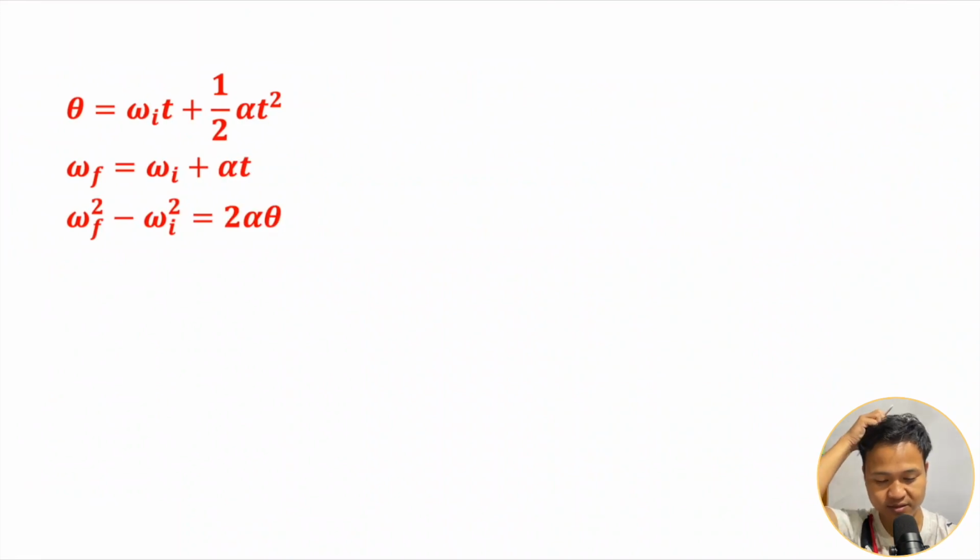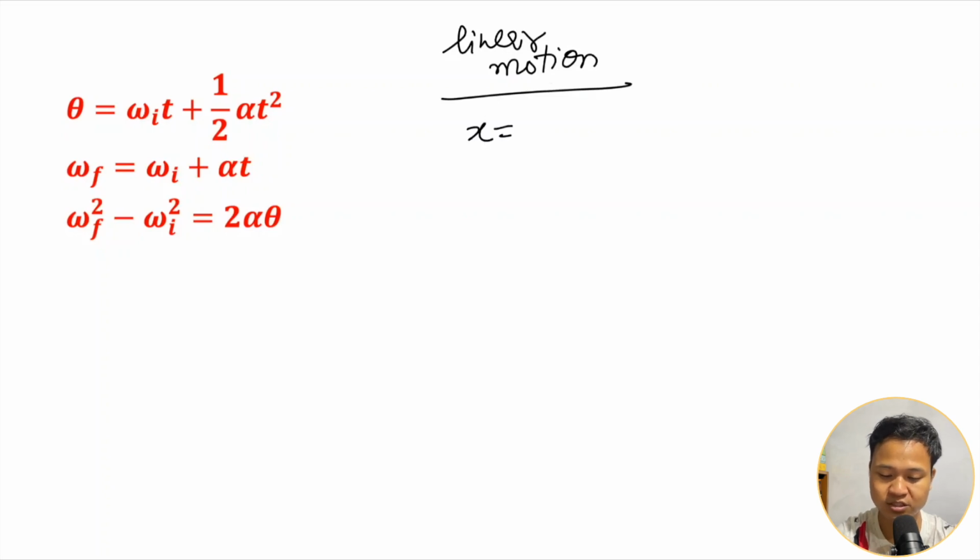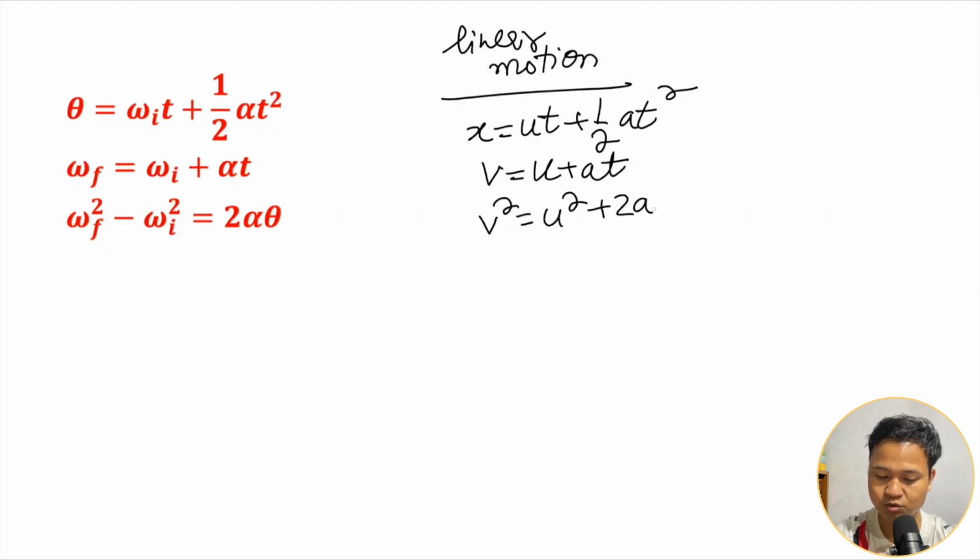Next part, the circular motion equations. If you remember, the linear motion equations were x equals ut plus half at square, v equals u plus at, and v square equals u square plus twice ax.